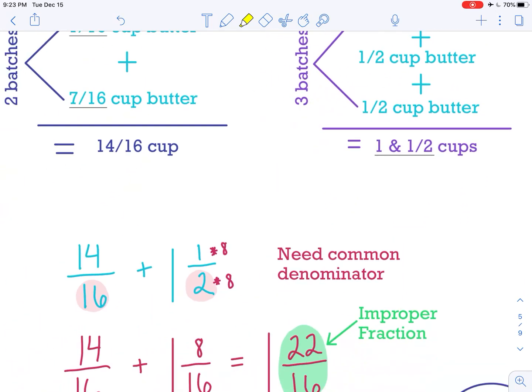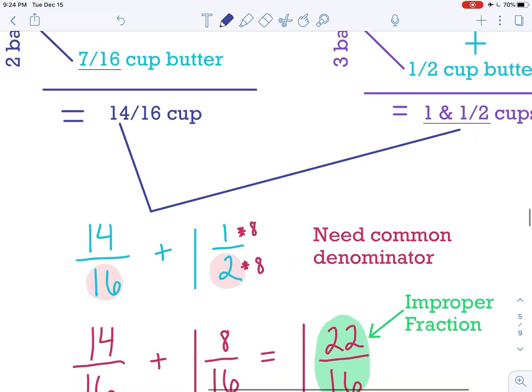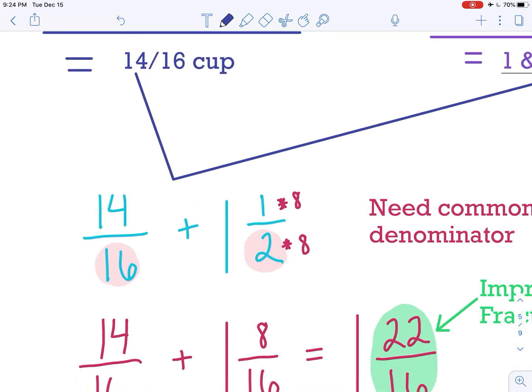I want to now take these 2 numbers and put them together, and you can see now that I added them. So 14/16 plus 1 and 1/2.